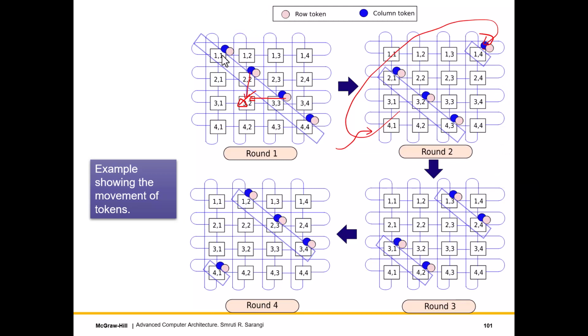Why is that the case? Because this row token would again come here, and this column token would come here, and they would collide. So as you can see, it's like a wavefront that is propagating in this direction and getting reflected and showing up over here at the other diagonal end. Now if I consider round 3, this wavefront will propagate like this, which is nothing but this moving in this direction, this moving in that direction.